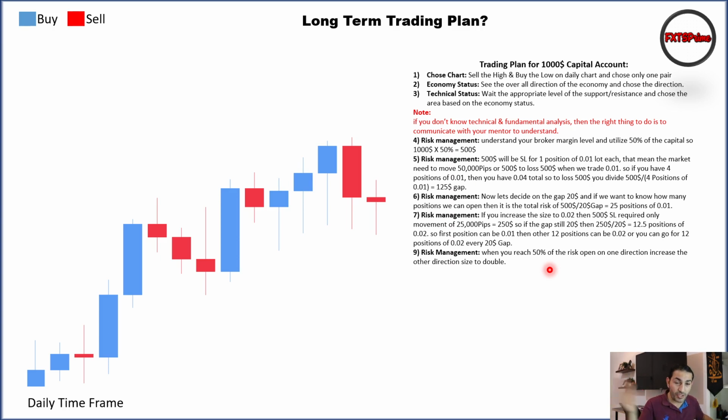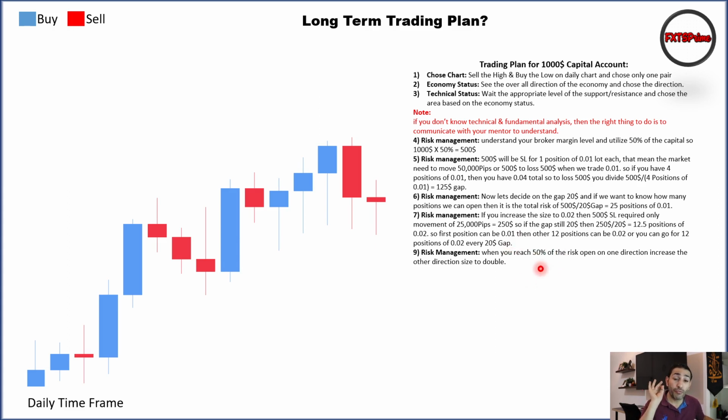So if we reach a drawdown of 50% in one direction, that is $250, then you're going to trade the other direction, duplicating the size, of course, from the low or from the high against the direction which you have done first.